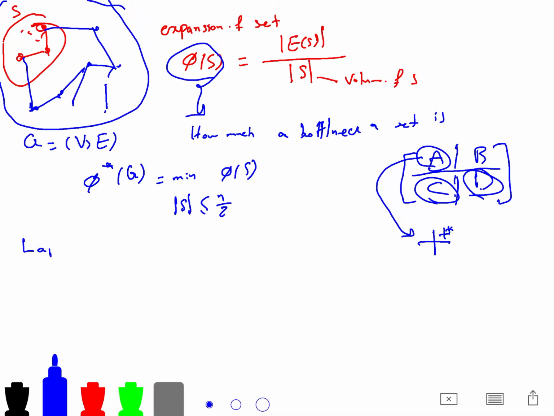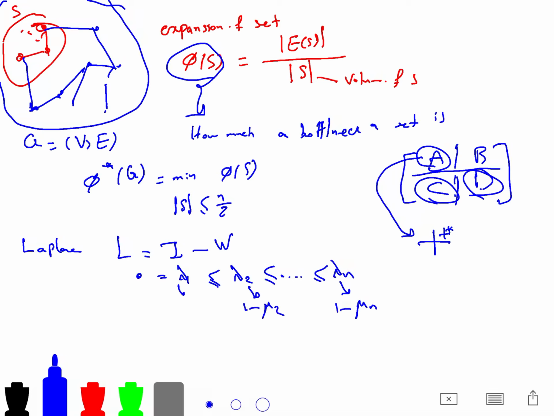So the Laplacian matrix L is equal to I minus W, and if you arrange your eigenvalues lambda 1, lambda 2, up to lambda n, now you just reverse it, 1 minus mu 2.